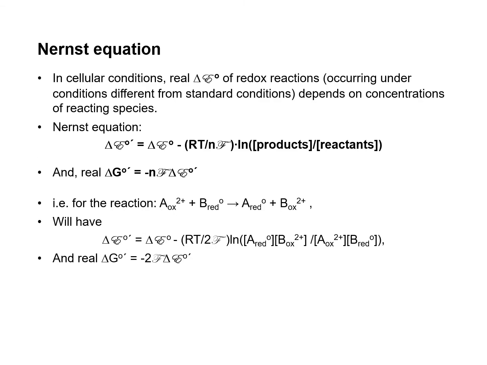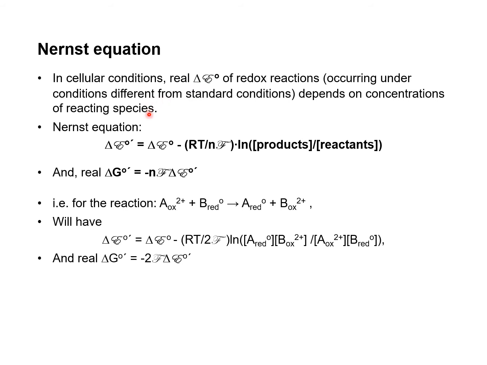Conditions in actual cells are different from the standard conditions of 25 degrees C, pH 7, and 1 molar concentration for the reactants. In that case, delta G depends on the concentrations of the reacting species.